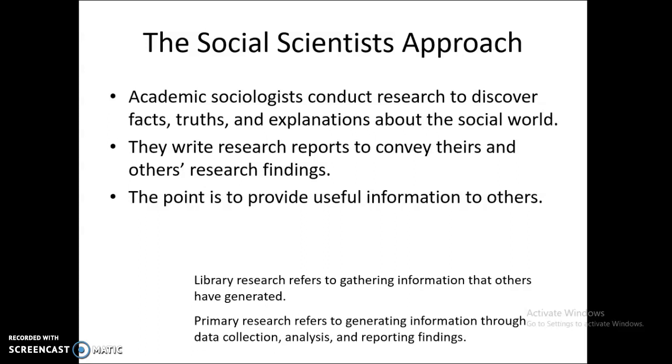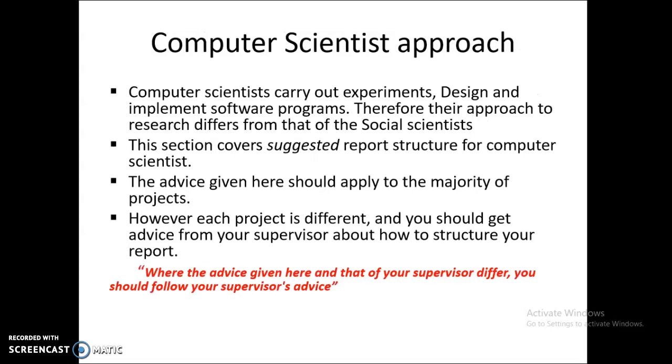So they do things like library research, which refers to gathering information that others have already generated. And they also do primary research, which requires generating information through data collection, analysis, and reporting findings.